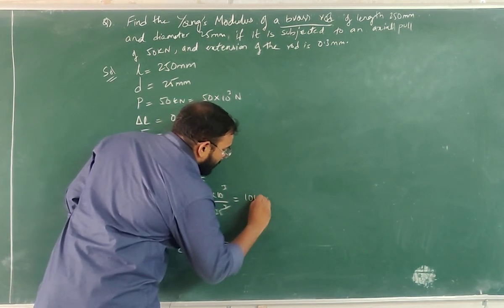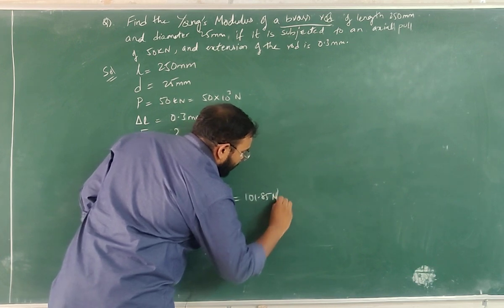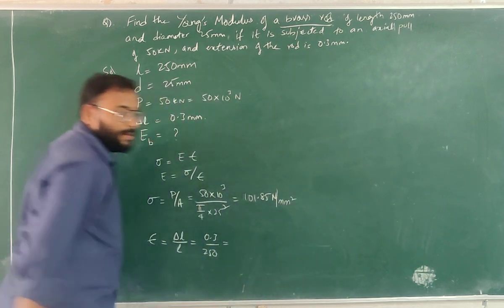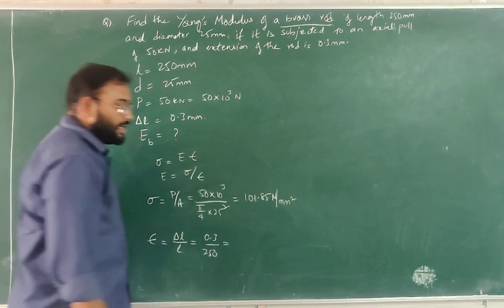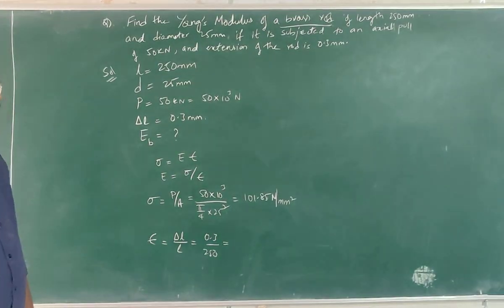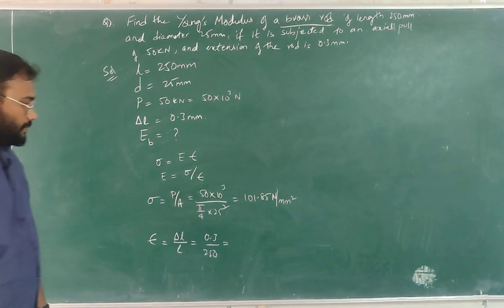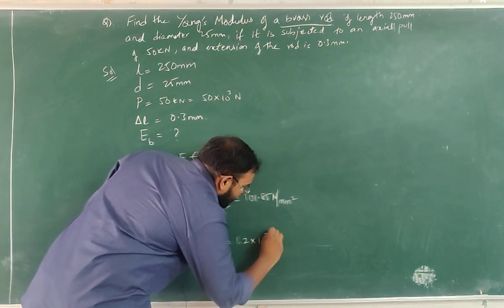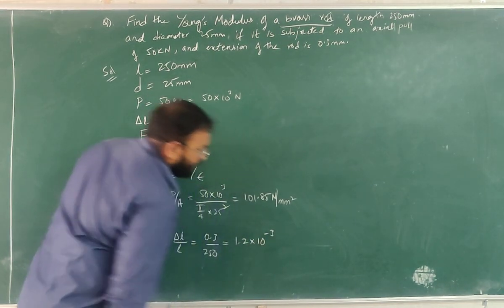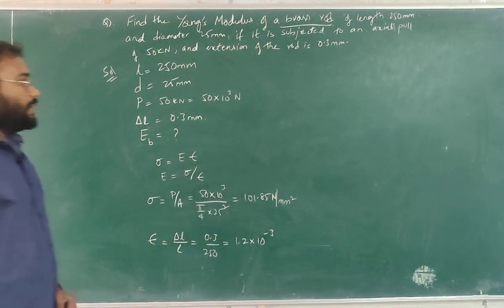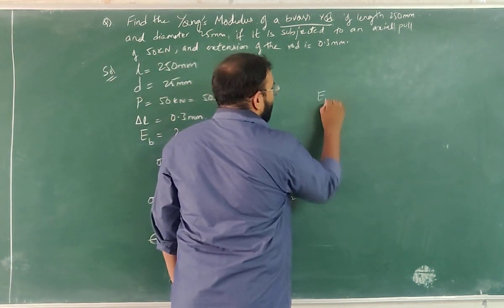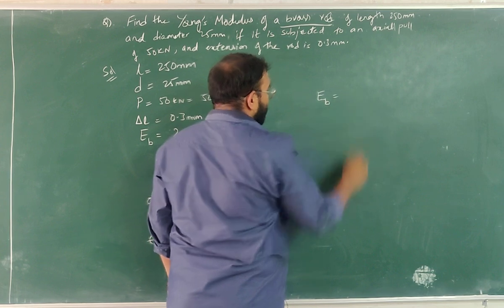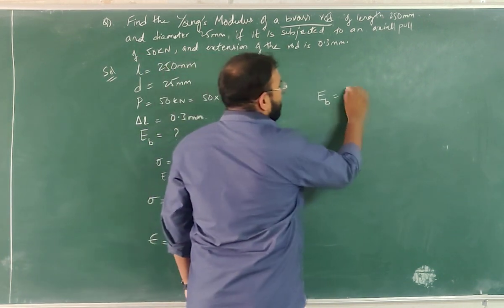This is 101.85 Newton per millimeter square. Okay. This one 0.3 by 250, 1.2 10 power minus 3, no units. Okay. Now next is E for brass rod is required, capital E is required, which is stress upon strain.